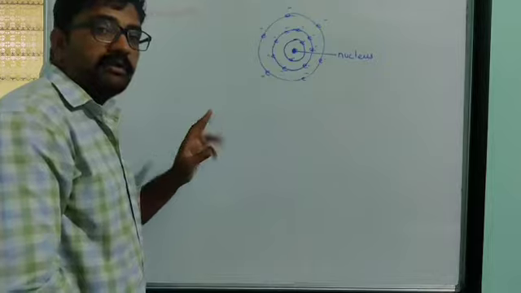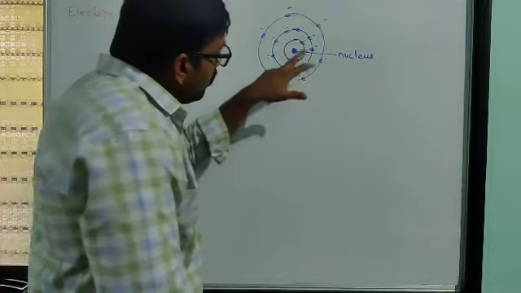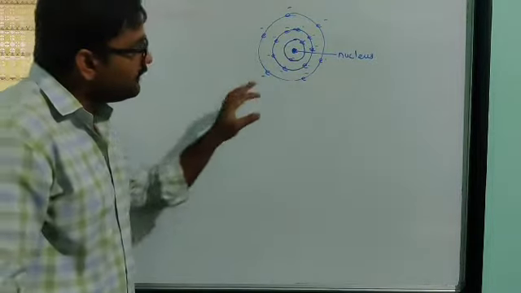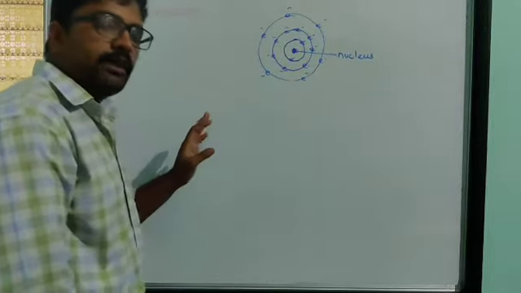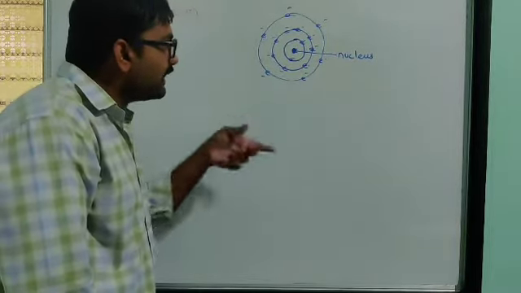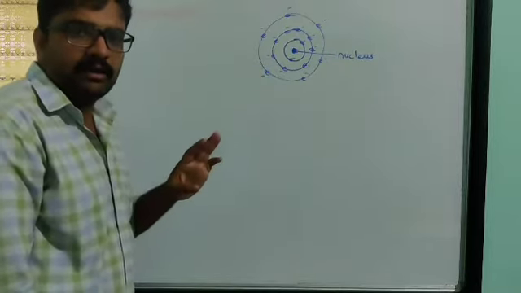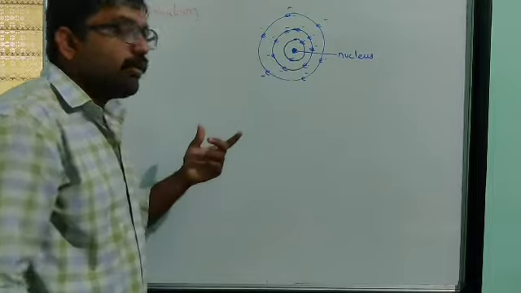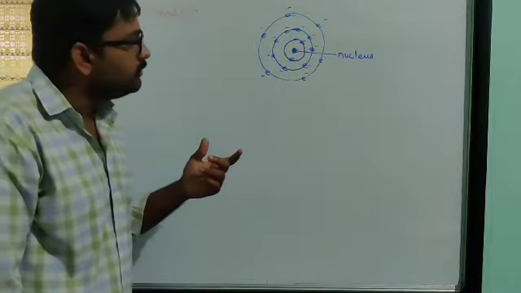If the number is more than 2, like 3, 4, 5, then there are some rules on that basis by which electrons are added in these paths. All electrons are arranged around the nucleus in one systematic manner, and according to some rules they revolve around the nucleus.